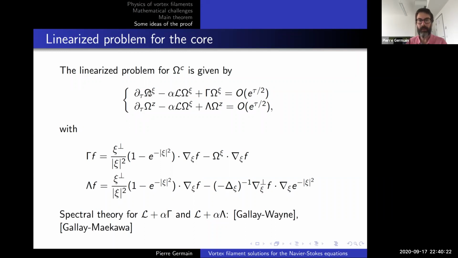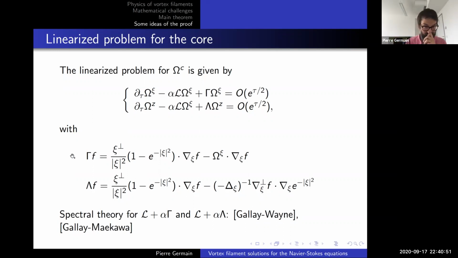So omega c means the horizontal component of the core vorticity, and omega z is the vertical component of the core vorticity. So in both cases, you have the Fokker-Planck operator coming from the viscosity. And then you have gamma and lambda that come from linearizing around the Lamb-Oseen vortex.